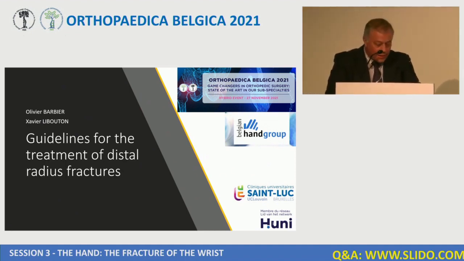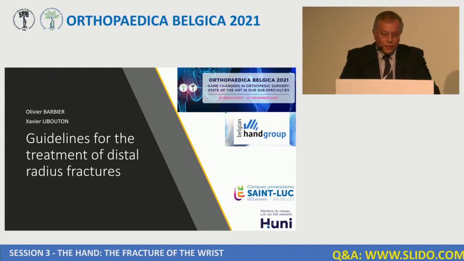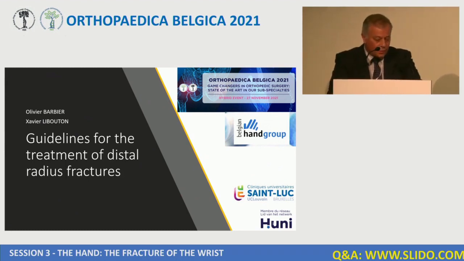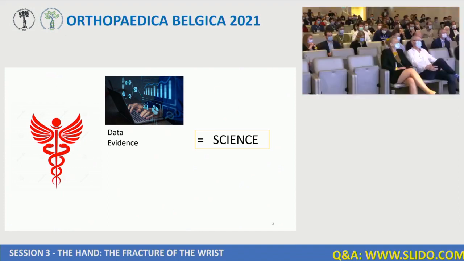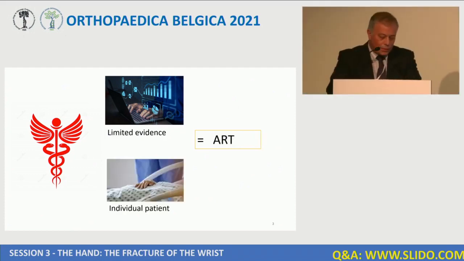Hello. Following all that has just been said, we have for you in the next 10 minutes guidelines for the management of distal radius fractures. Medicine, based on data from which evidence of the best treatment emerges, is a science.